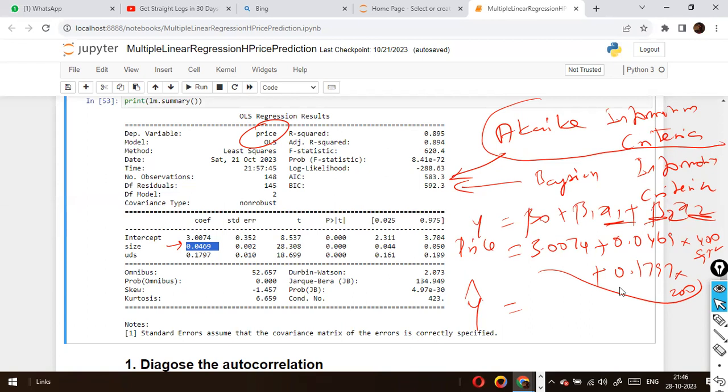Remember, out of where I gave you the example, for every 1 kilometer increase in the distance, your auto fare will increase by 4 times. The 4 times is nothing but your slope, right? Same way, here the slope for the size is 0.0469.